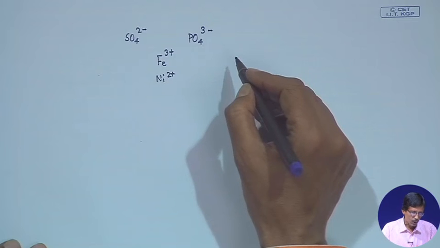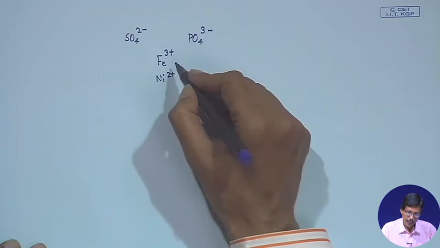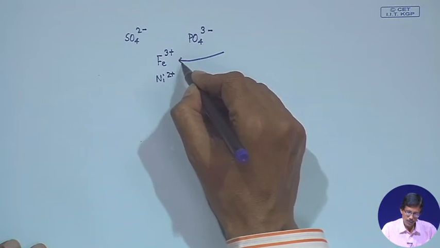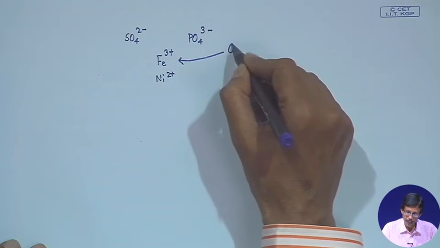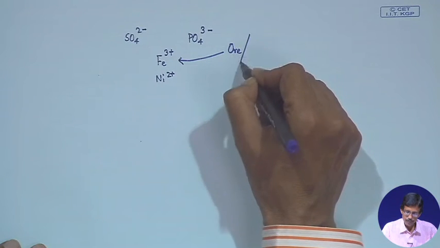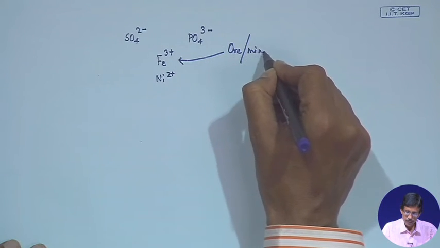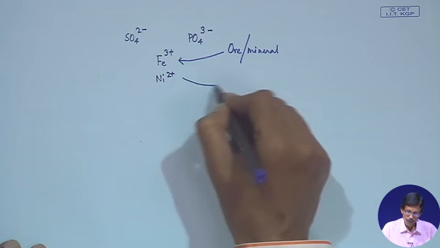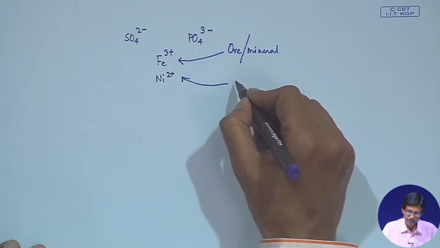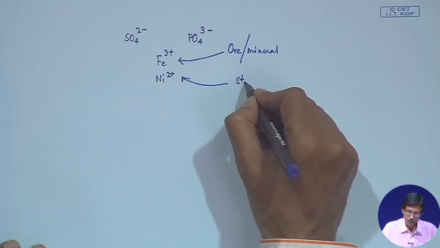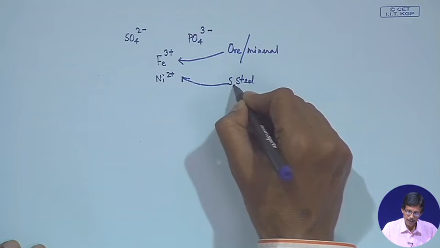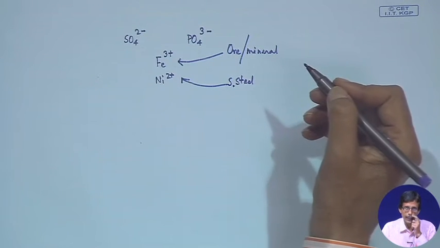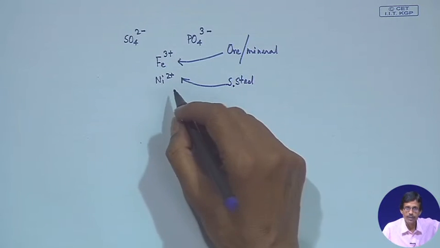But we can get these as the source from some ore or mineral, or this can be in some stainless steel sample, or any other industrially important material, such as battery material.